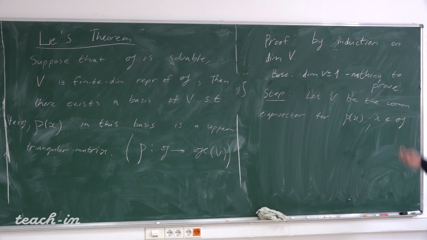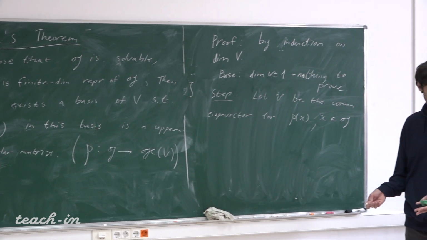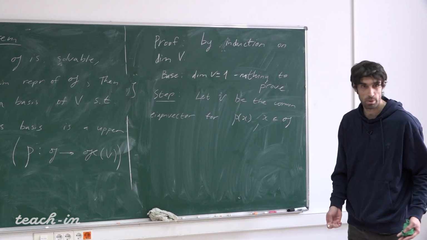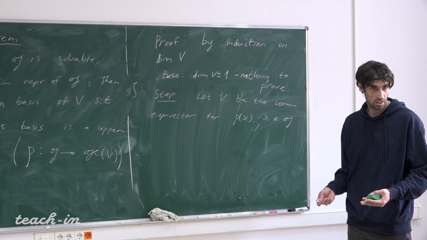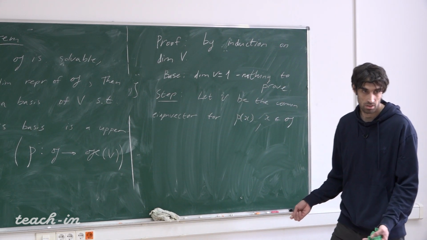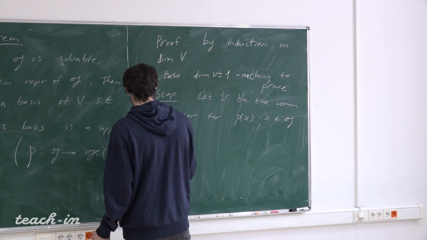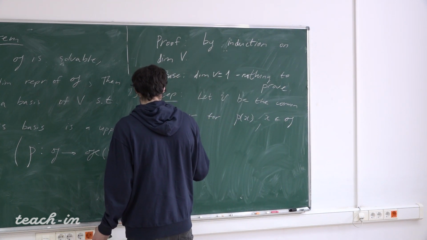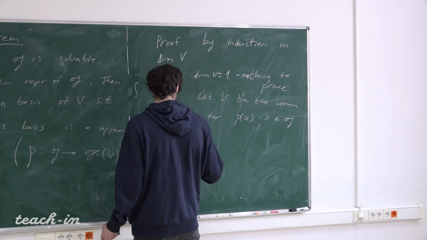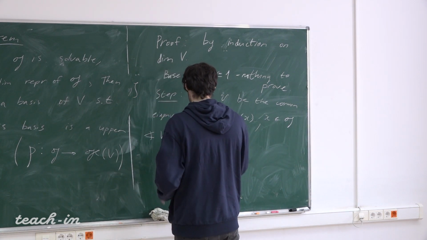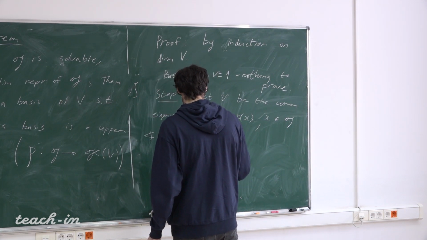Therefore, I can quotient by the subspace spanned by this vector and get another representation. So consider W, which is V quotient by C v.